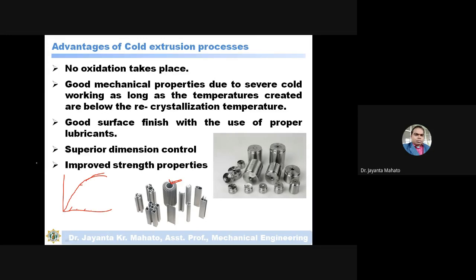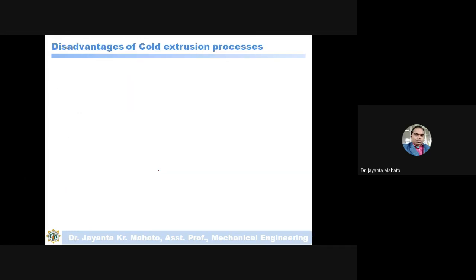Okay, so from this cold extrusion process, the strength of the extruded product will improve. Okay, understand. Now some disadvantages are also there.